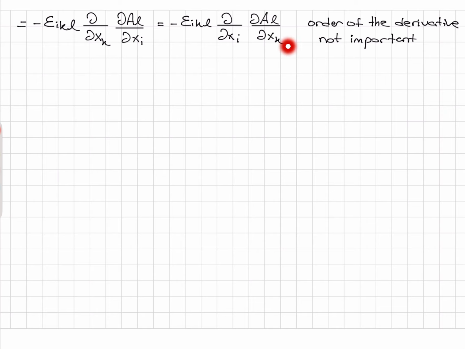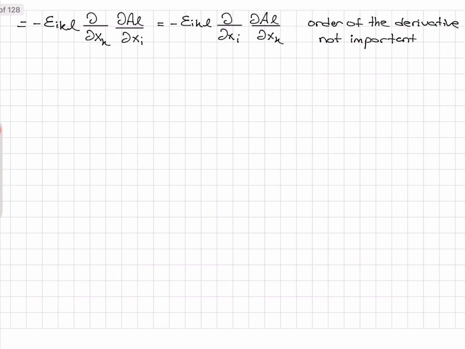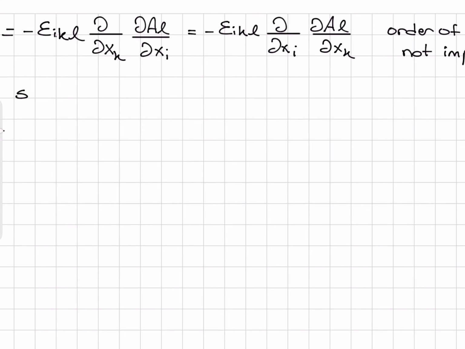Now I compare this with what I have here. Epsilon ikl del xi del Al del xk, minus epsilon ikl, the same thing. Now this is telling us that if B is equal to curl A, divergence of B must be equal to 0.